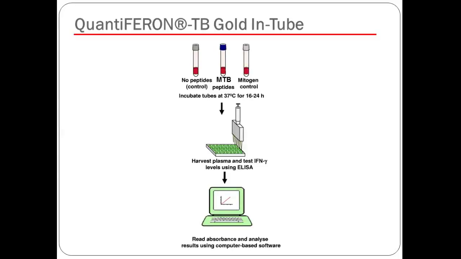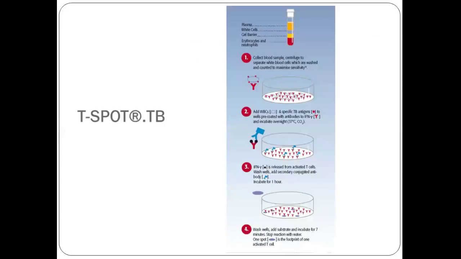Remember, you're looking for interferon gamma production by the lymphocytes of the patient, and if you're starting with a low number of lymphocytes, then it may just be negative because the patient doesn't have enough lymphocytes. That's why you have to repeat your test once the CD4 count is above 200. The T-SPOT test is a little bit different, but it's the same concept.